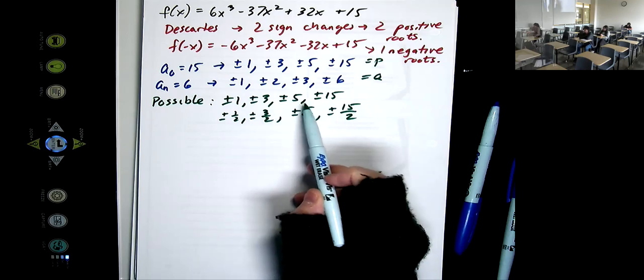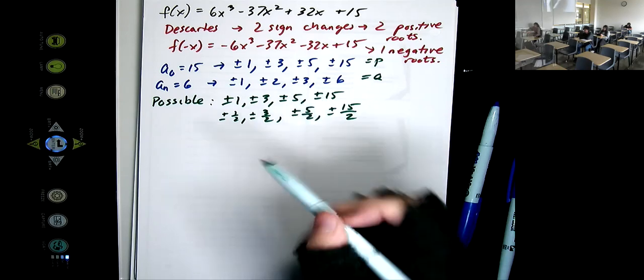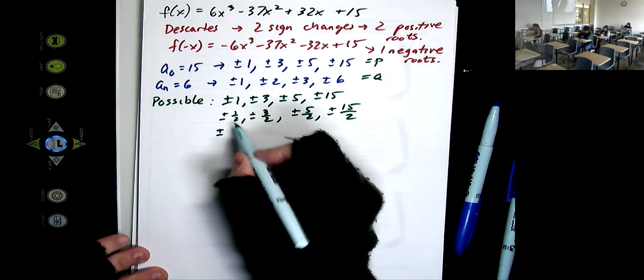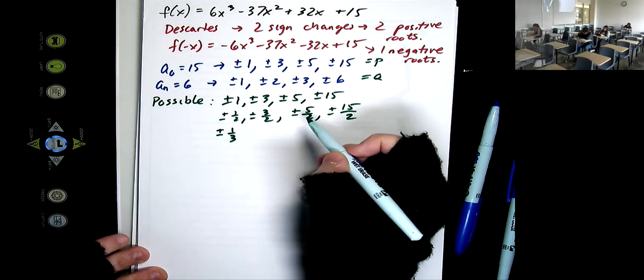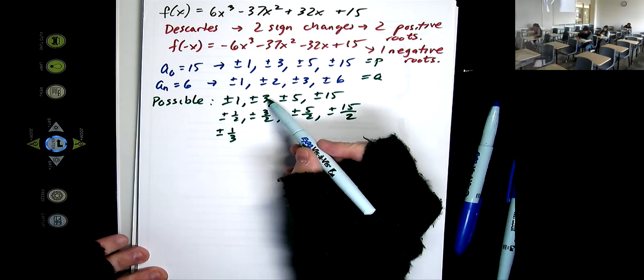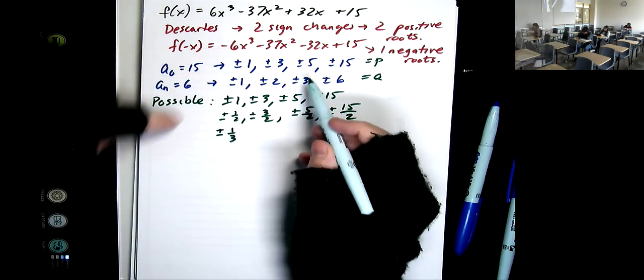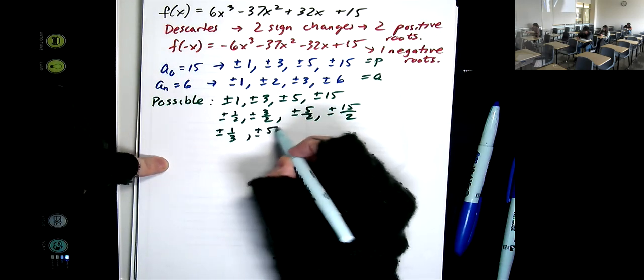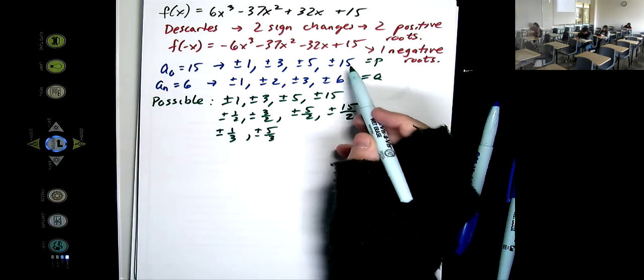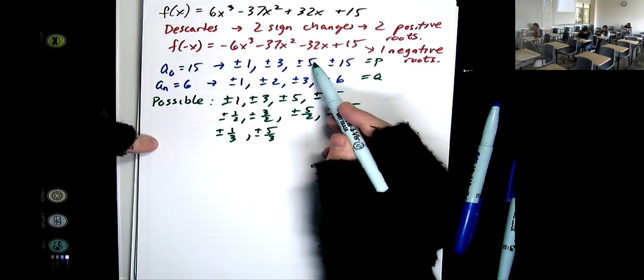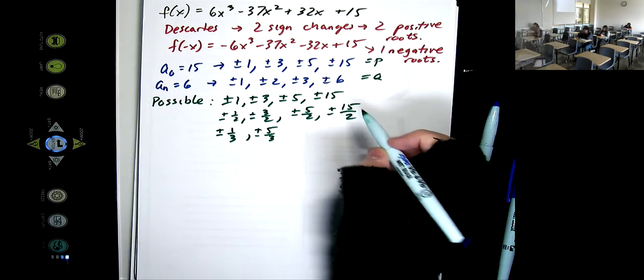I can have them all over 3, plus or minus 1/3. 3 over 3 already shows up as plus or minus 1. I'm not going to worry about that. 5 over 3 we don't have yet. And 15 over 3 is 5, and we already have that one. So I don't need that one.